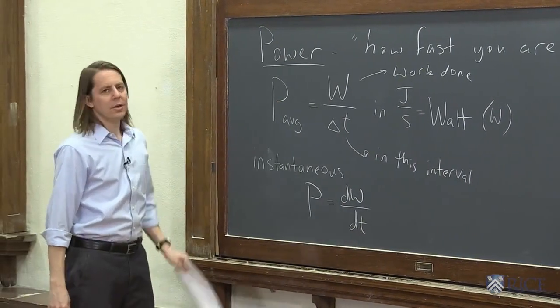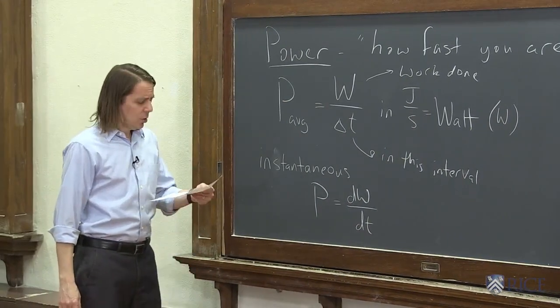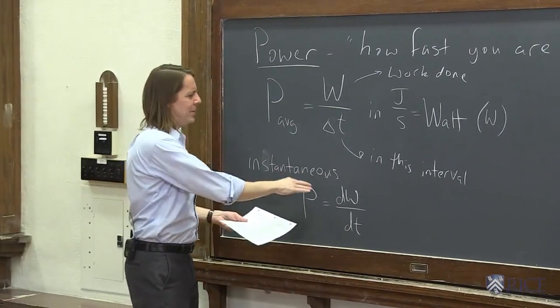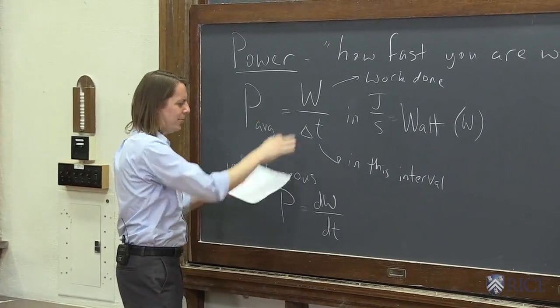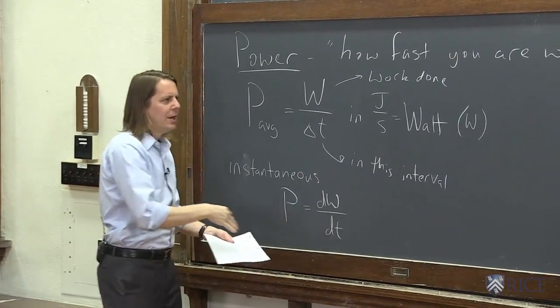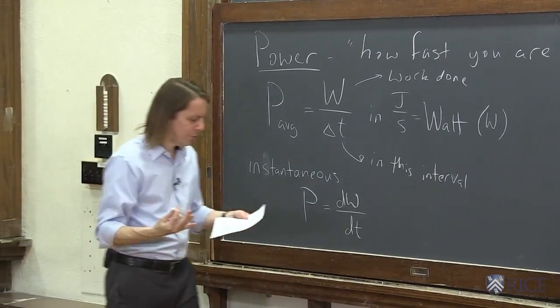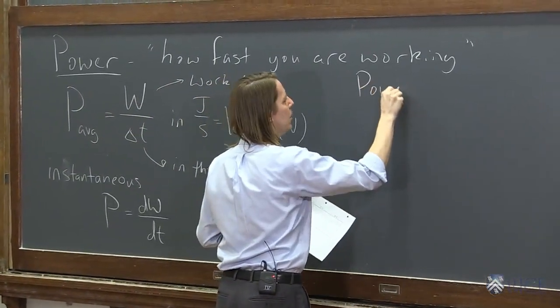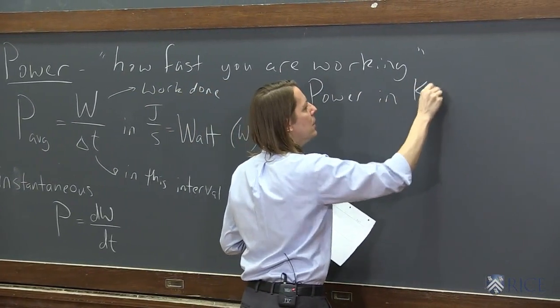So we can calculate it a couple of different ways. We can also say these are sort of before-after problems, or maybe this would be an initial-final state problem. Maybe this is from a graph or something. But if you had a kinematic situation you wanted to apply it to, there's one more useful way to look at it. So let's look at power in kinematics.